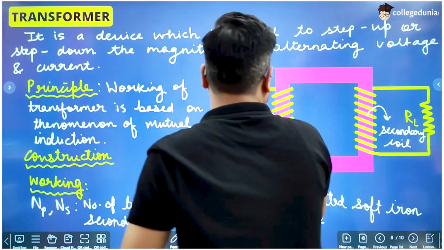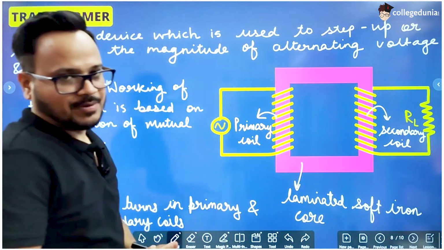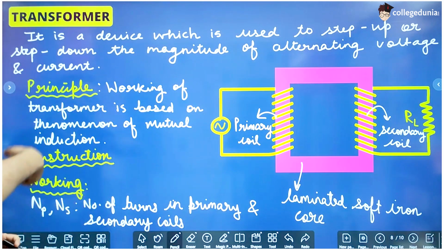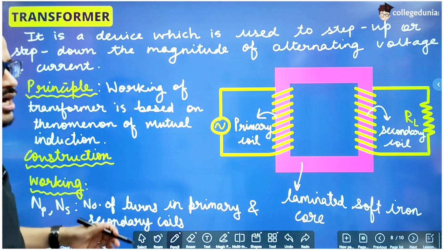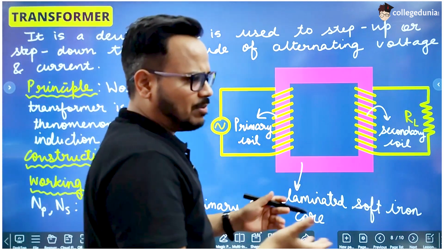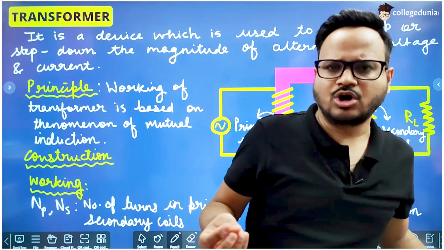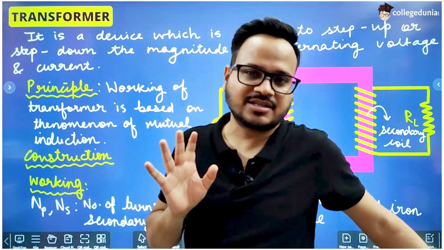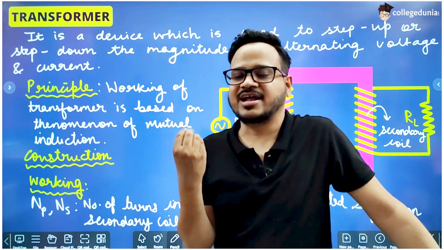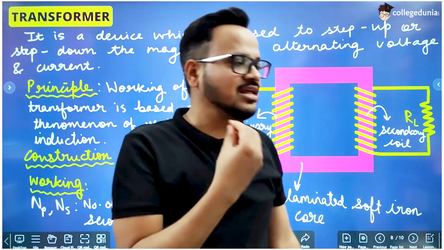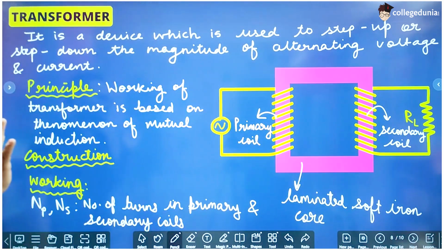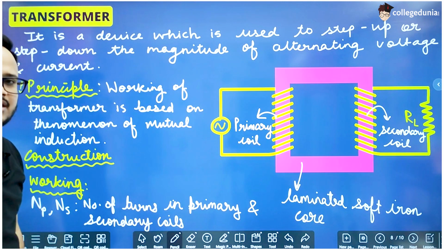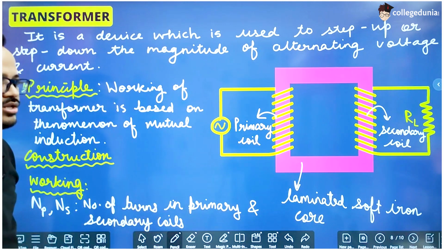These coils are made up of copper. So if a continuous flow of current is maintained in the coils, then obviously heat is produced in the copper wires, because the formula of heat is I square RT, and heat does not see direction. So whichever way the direction of current is, the heat is always going to be produced in the same manner, because it is I square RT, so there is no direction.